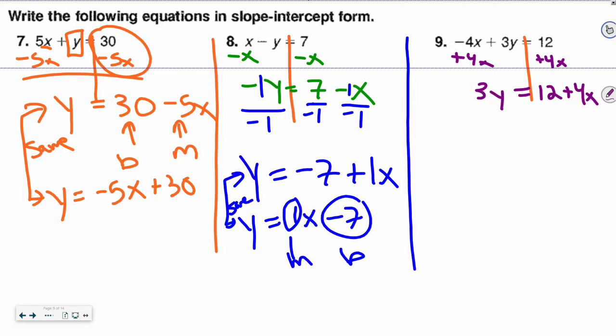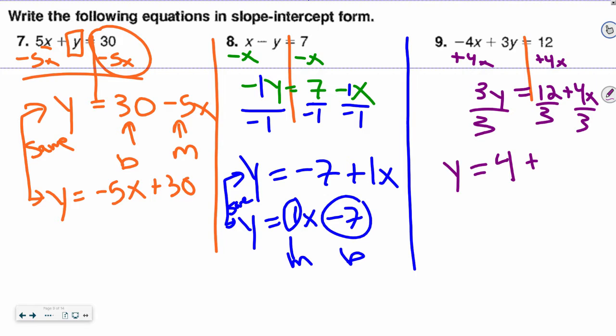Now I divide by the number in front of y, and I divide each one of them by that 3. So I'm left with y equals 12 divided by 3 is 4, plus 4 divided by 3. I can't do it without getting decimals, and I don't want decimals. So leave it as a fraction.